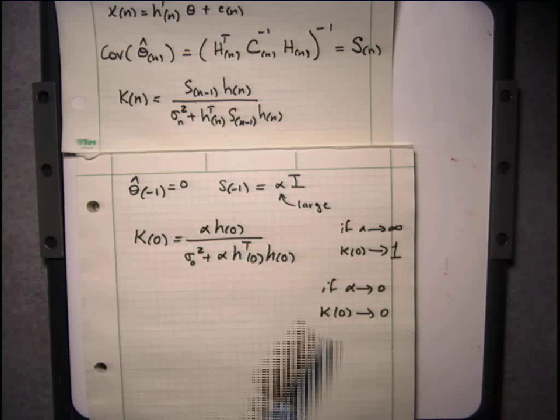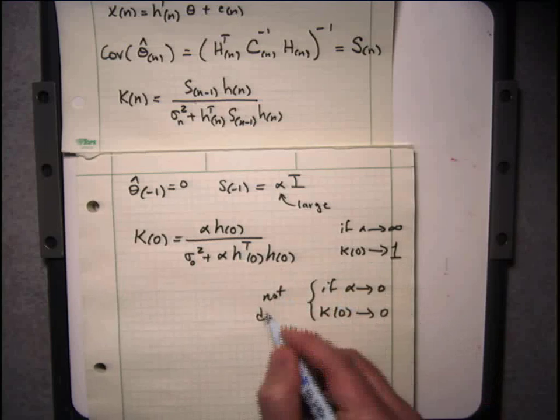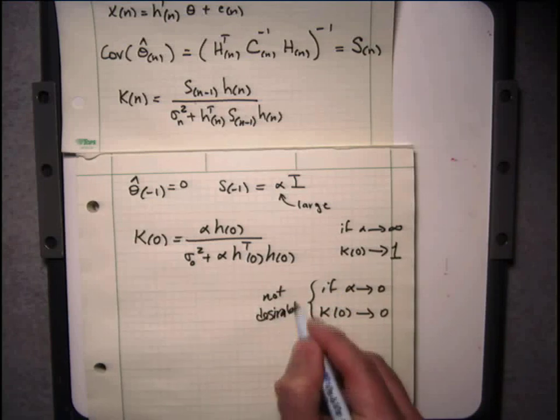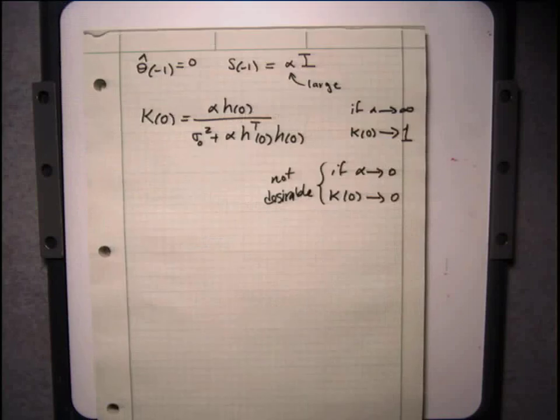This situation is not desirable. The reason it's not desirable is because if the gain goes to 0, this is a situation where basically the filter stops working. It stops doing anything.